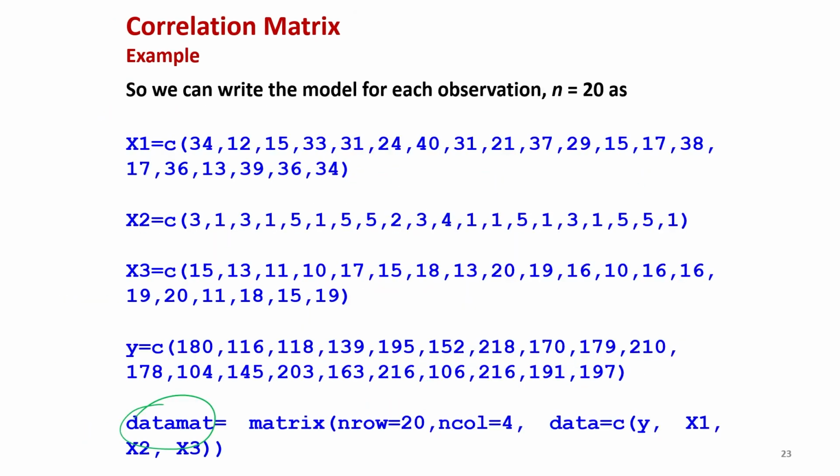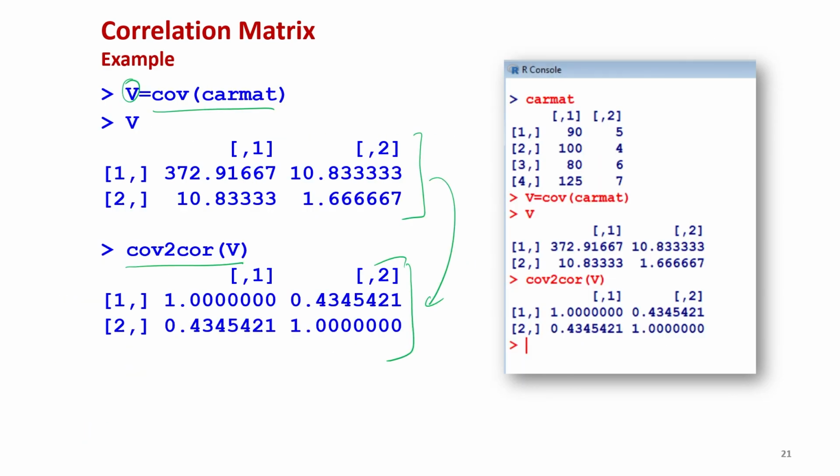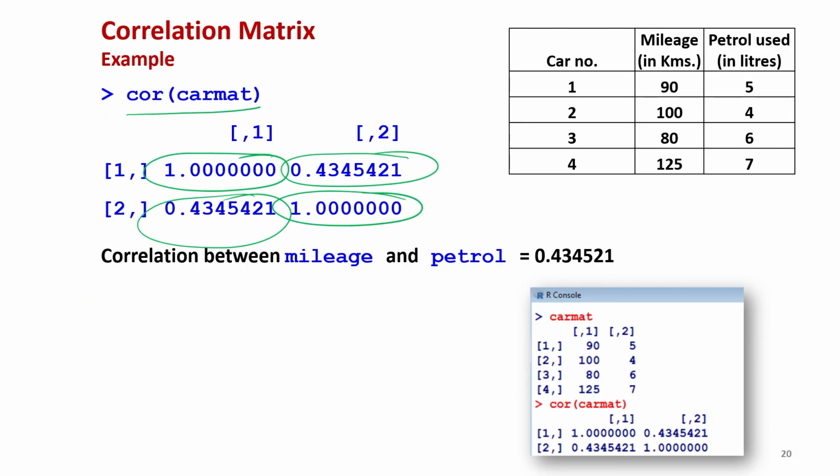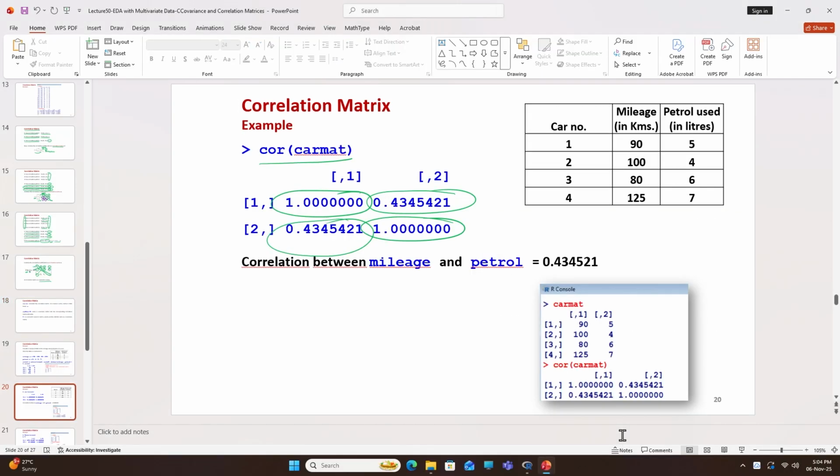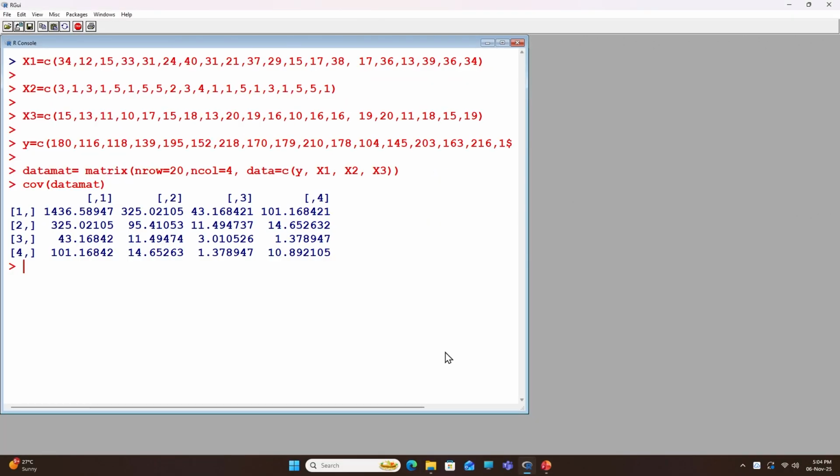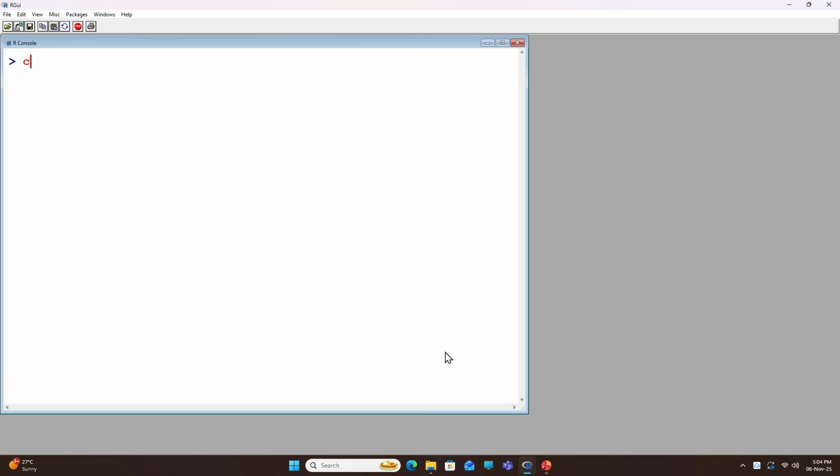So, let me try to show you these things on the R console actually, right. We already have actually stored the data here, so I do not need to do much. If you try to see cor of car mat, it is like this.